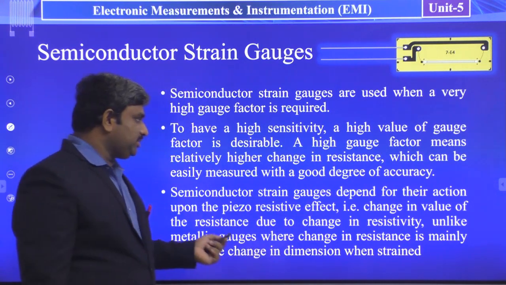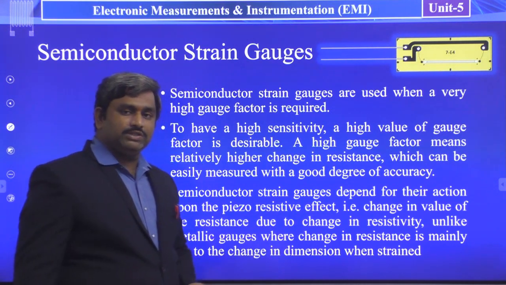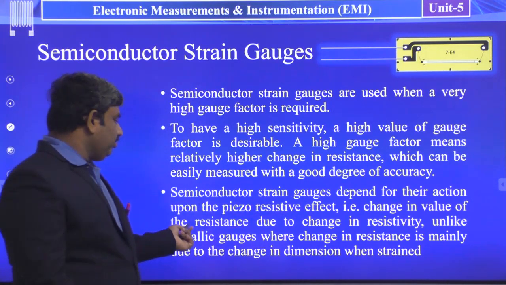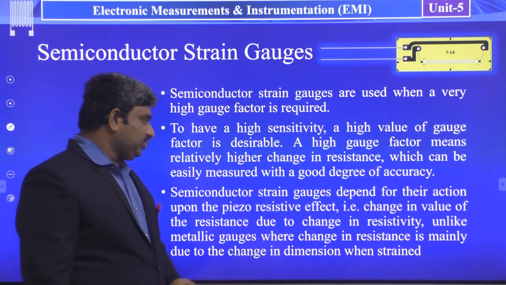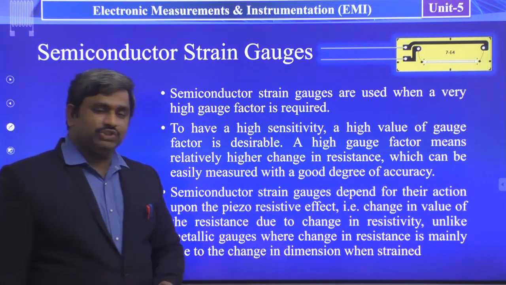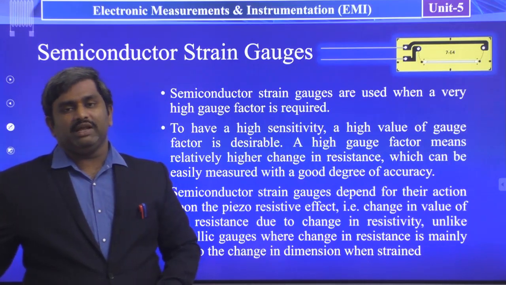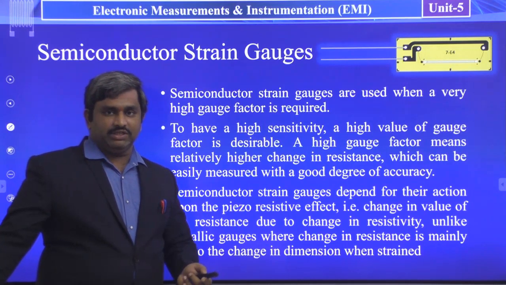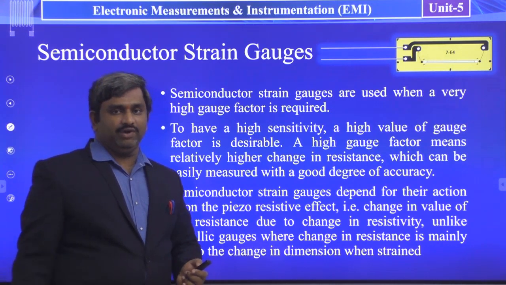The semiconductor strain gauge depends on the piezoresistive effect. There is a change in the value of the resistance due to a change in the resistivity. Unlike metallic gauges, where the change in resistance is mainly due to the change in dimensions when strain is applied, this gauge works differently, but it gives a very high sensitivity and a high gauge factor.